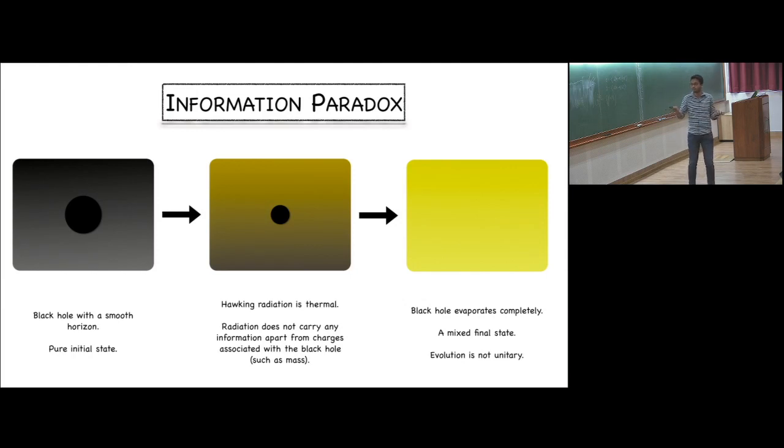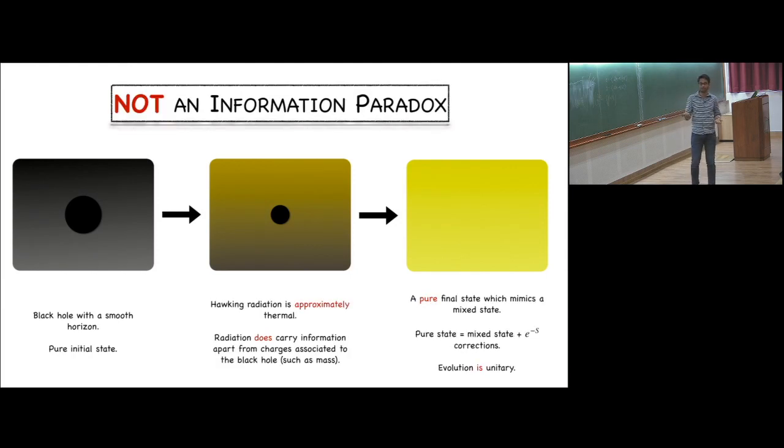This is what we generally call the naive information paradox, and it's naive because it's not really a paradox. Just keep this in mind: this is not a paradox because, suppose we take a microcanonical ensemble which has entropy S, then any pure state which we pick at random will mimic a mixed state with exponential accuracy.